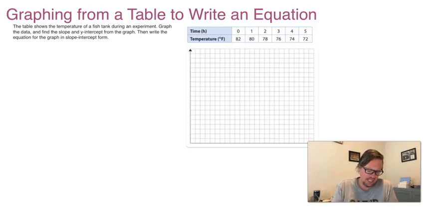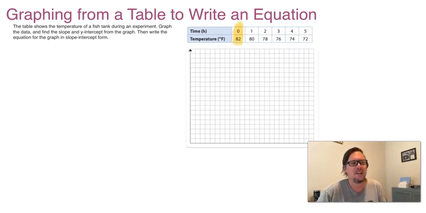Now the problem says graph the data, then find the slope and y-intercept, then write the equation. But what I notice is that maybe doing it in that order is perhaps not necessary because the table that we're given tells us the y-intercept. Remember, the y-intercept is the spot where the input or the x value is 0. And right here at the top, the very first value we have has a time of 0 and a temperature of 82 degrees.